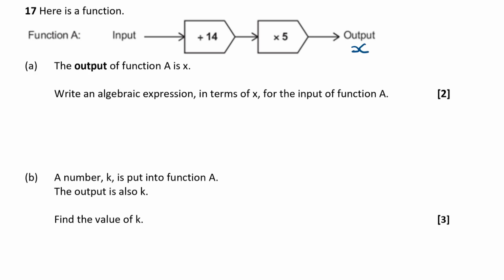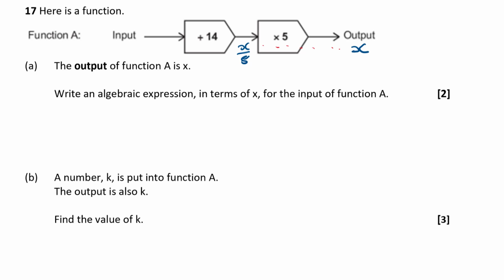So if the output is x, let's work backwards and find what we put in if we got x out. Going backwards through this function machine, at this point here, what must I have had so that when I times it by 5 I've got x? Well, I would have had to have x over 5, a fifth of x.